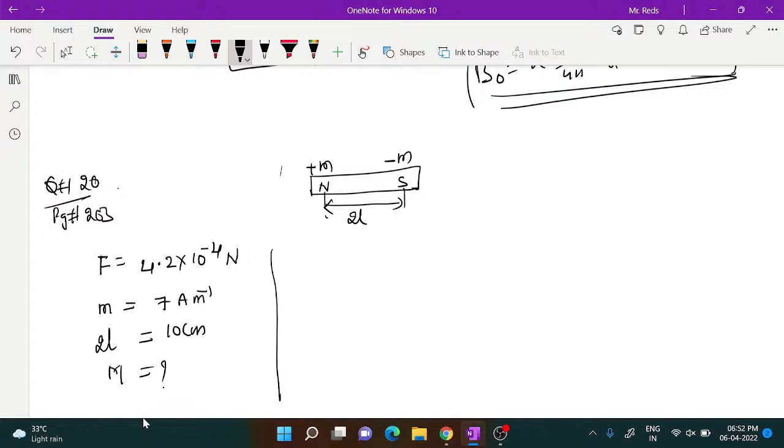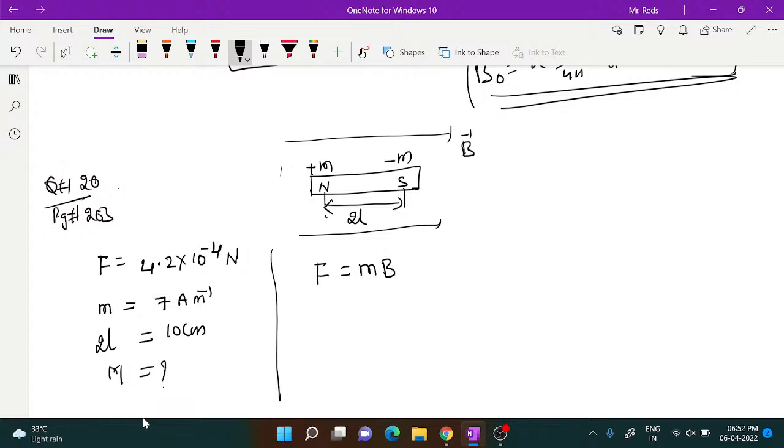Magnetic field strength is not given, and whether it is perpendicular or parallel is not mentioned. So let us consider the force on a given pole due to the external uniform magnetic field: it is the pole strength M into the strength of the magnetic field.